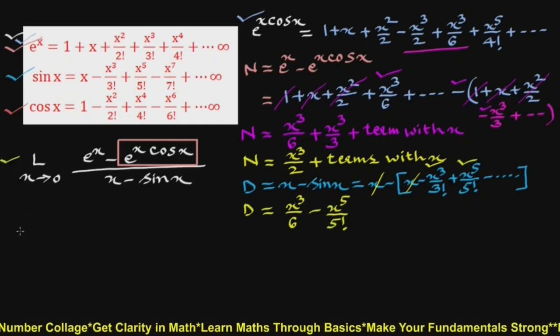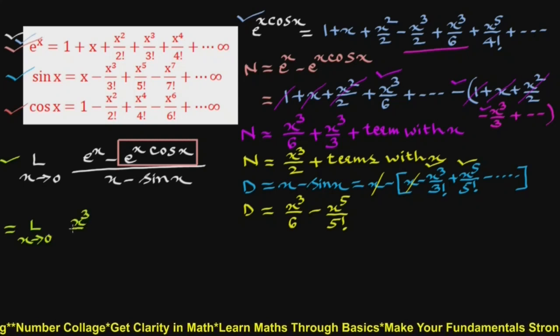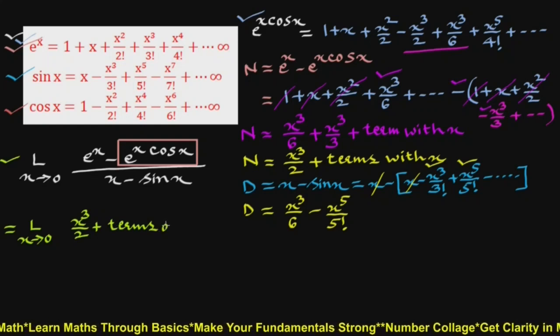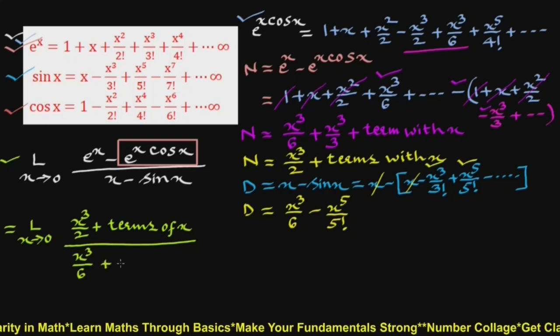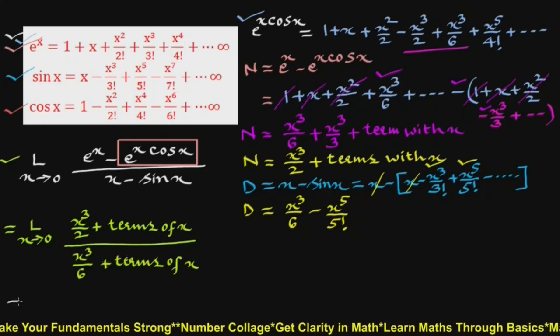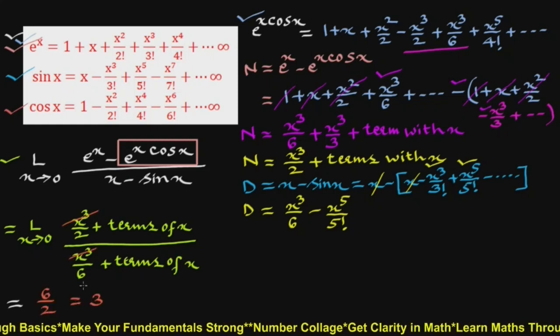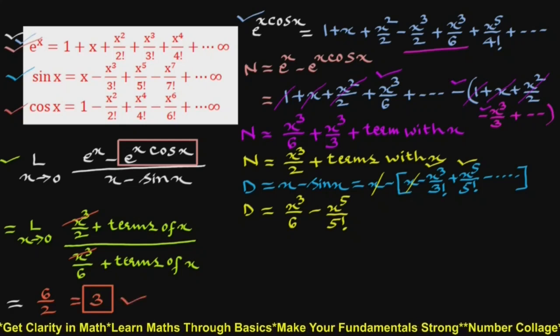So this limit will be the limit as x tends to 0 of x cube upon 2 plus terms containing higher powers of x, upon the denominator x cube upon 6 plus terms containing higher powers of x. So that will be cancelling x cube, 6 upon 2, 3. So this is the value of the limit, 3.